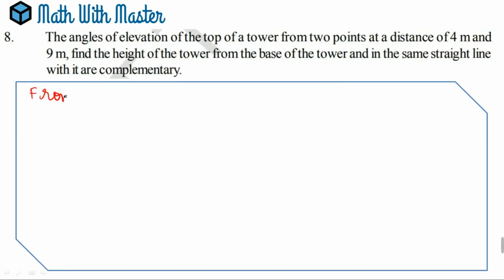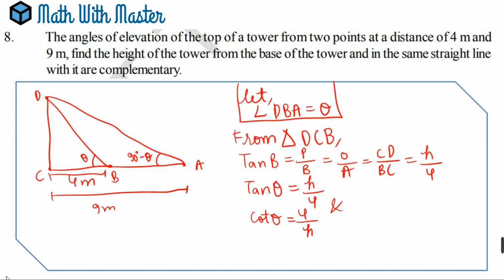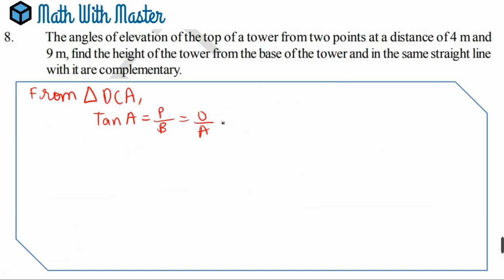So from triangle DCA, tan A is equal to perpendicular upon base, which is also opposite upon adjacent, and which is equal to CD upon AC. So what is CD?